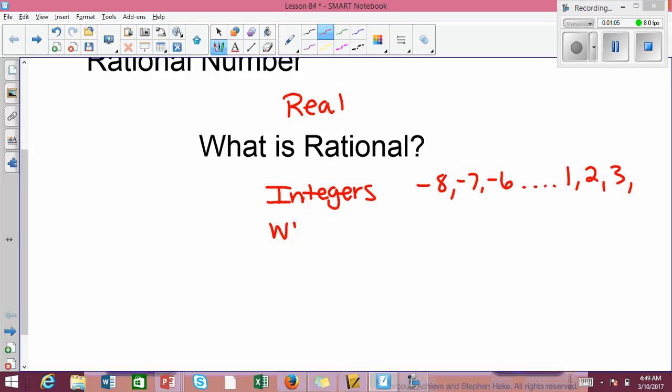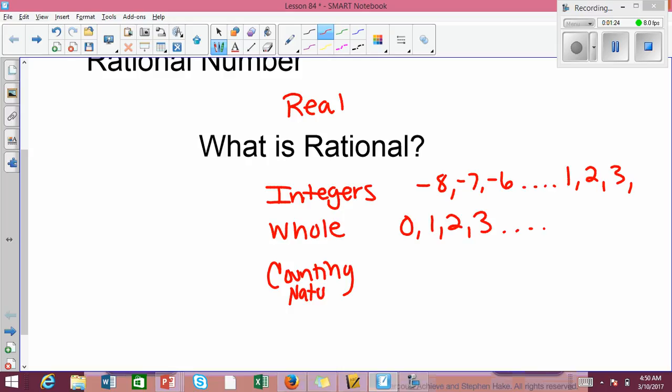So moving on, that gives us our whole numbers, okay, 0, 1, 2, 3, and so on, okay, and whole numbers are all of your counting numbers plus 0, which means your counting numbers, or also referred to as natural numbers, are 1, 2, 3.